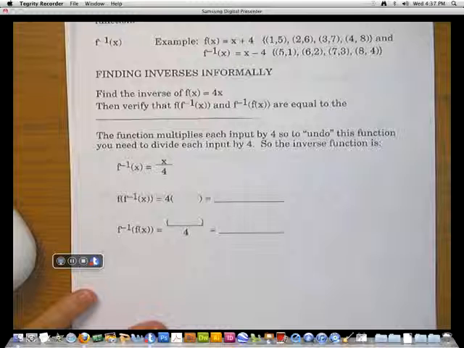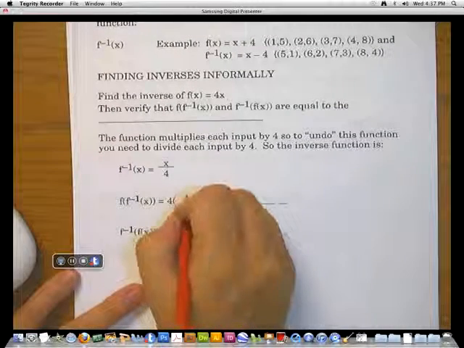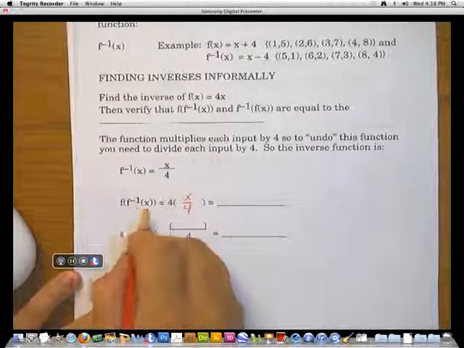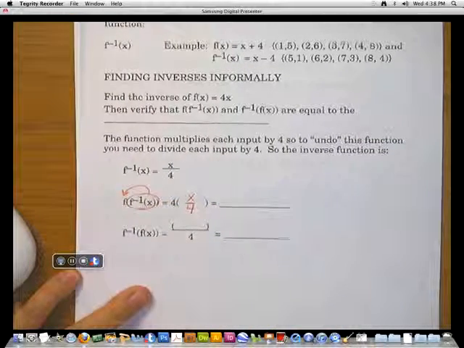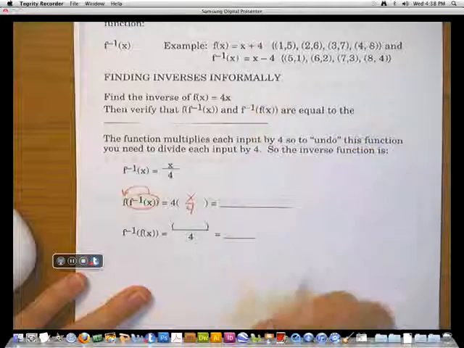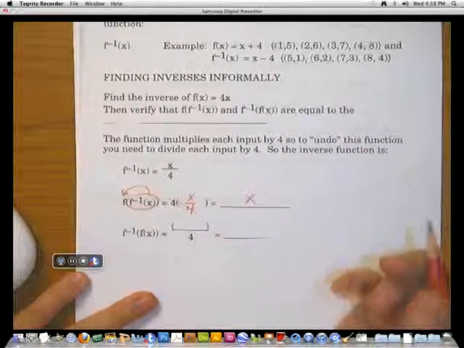So here I have the f inverse of x is x over 4. If I'm going to do f of f inverse, I'm going to get 4 times x over 4, because I know what the inverse is. I'm going to put the inverse into my f equation, that's my 4x, the equation we're talking about, so that I get x.